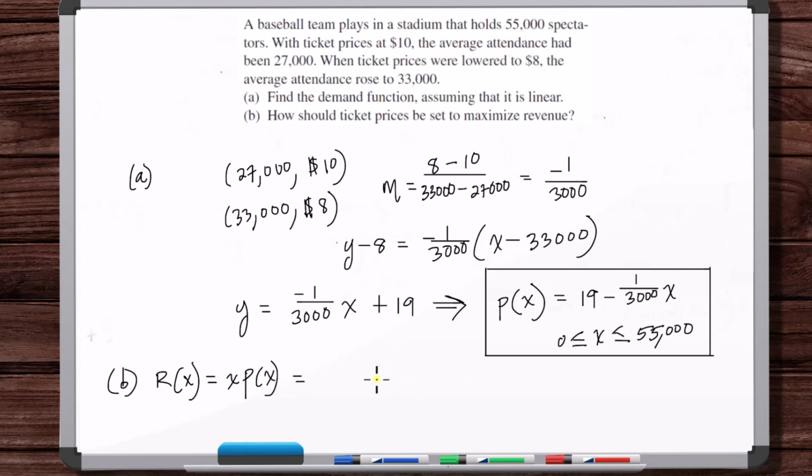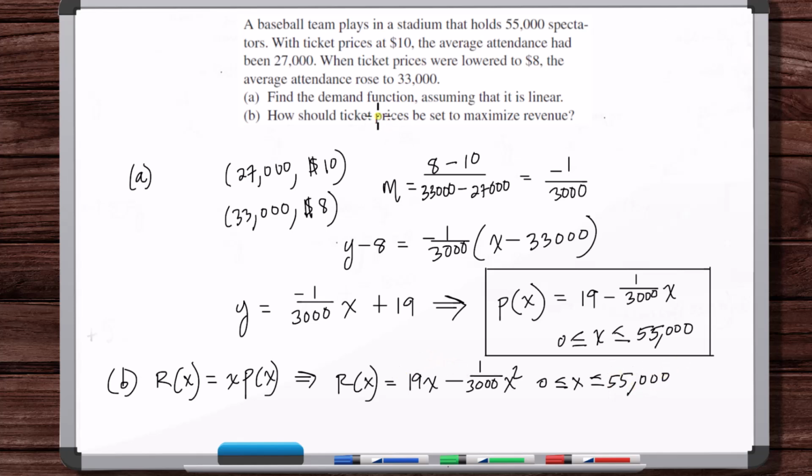Which is, okay, so R of X is equal to 19X minus 1 over 3,000 X squared. And with the same domain.